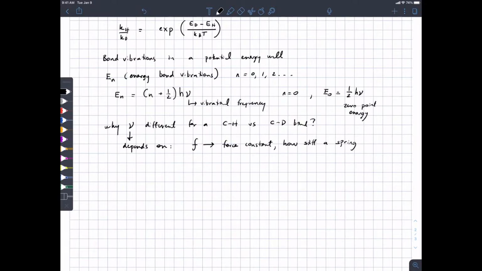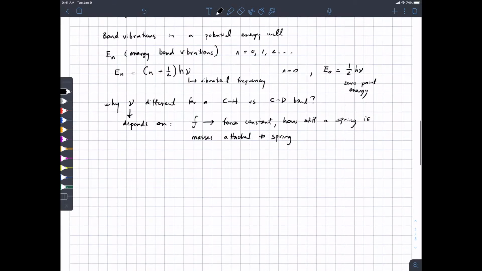And then it will also depend on the masses attached to the spring. So we're envisioning a carbon-hydrogen bond as carbon here, spring, and hydrogen here.